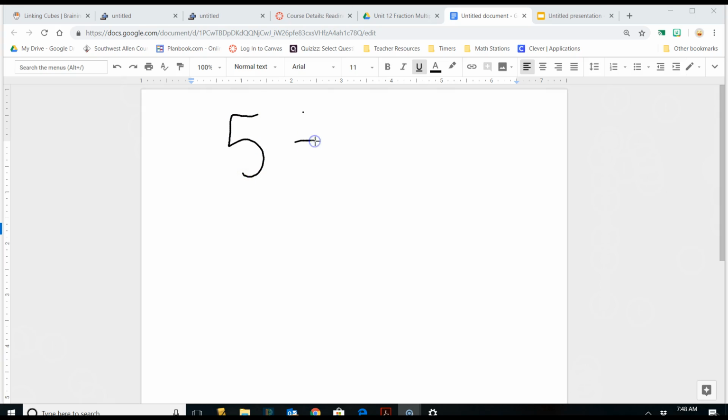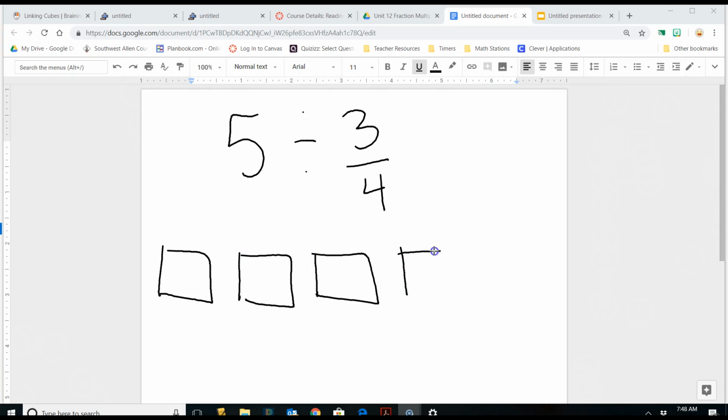Five divided by 3/4. Still have my 5 wholes. Still going to divide them into 4 pieces.